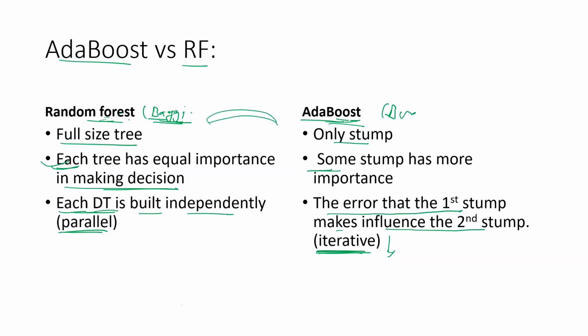I'm just comparing random forest and AdaBoost. Sure, they are not comparable because one is bagging and the other is boosting, they should not be compared. But sometimes there is some confusion when building AdaBoost or random forest, so that's why I'm comparing these two. To remember them in a better way, you should know the distinction between these two.